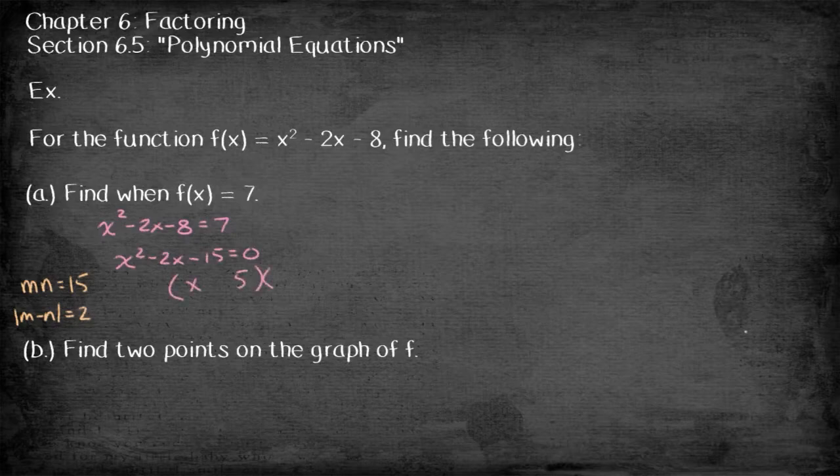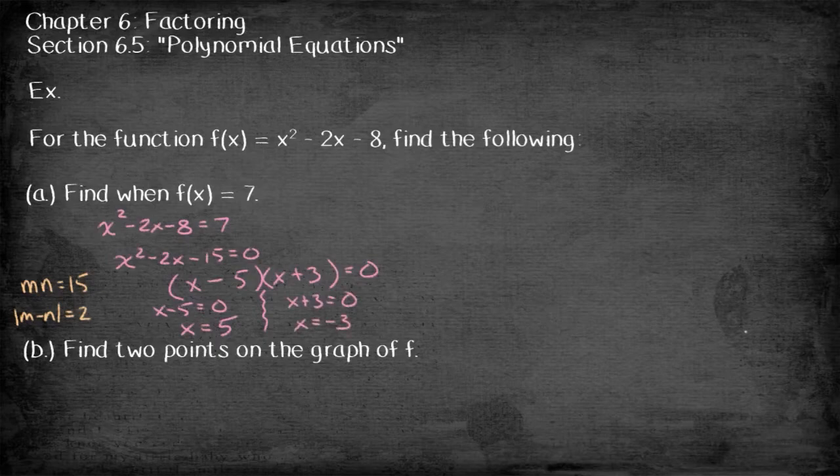We have x and 5, and we have x and 3. Since it's negative, the larger absolute value gets the negative sign. So actually, it hits height 7 both when x equals 5 and when x is equal to -3.